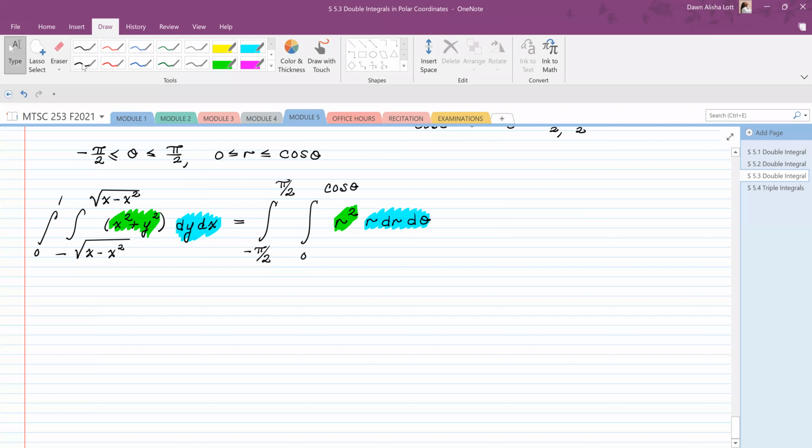Okay, so this is the integral from minus pi over 2 to pi over 2 of the integral from 0 to cosine theta of r cubed dr d theta.